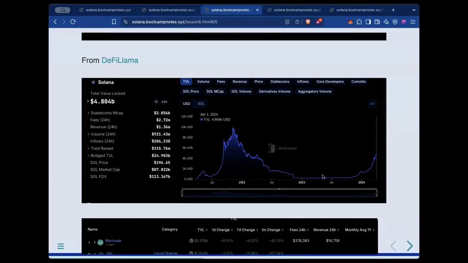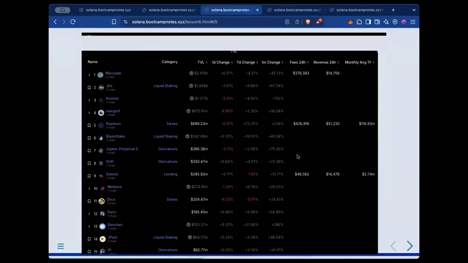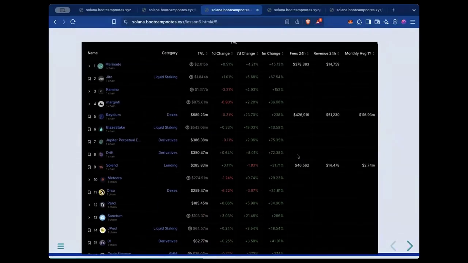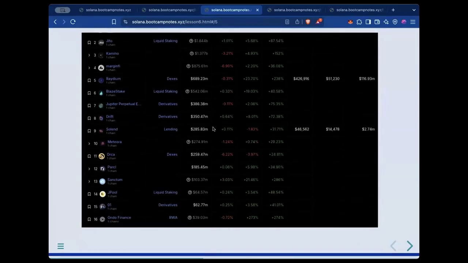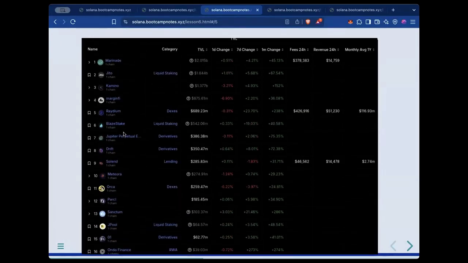The total amount invested in all of these projects is increasing. Just to give you an idea of some of the projects that we have, this is showing some of the major projects and the categories that we have.